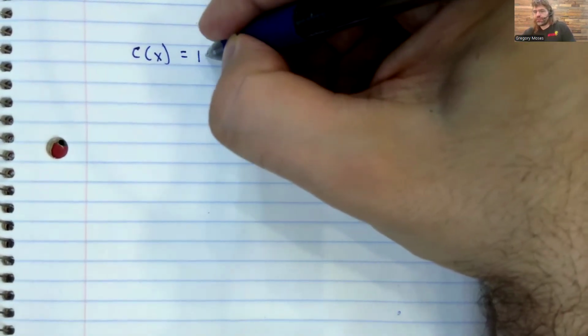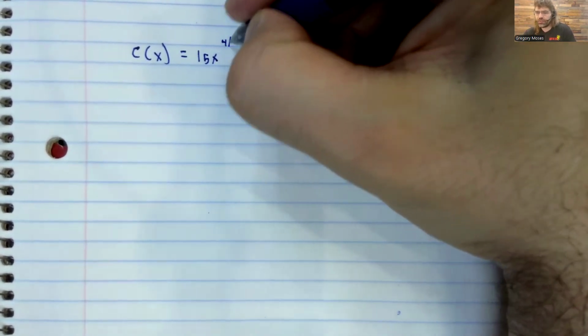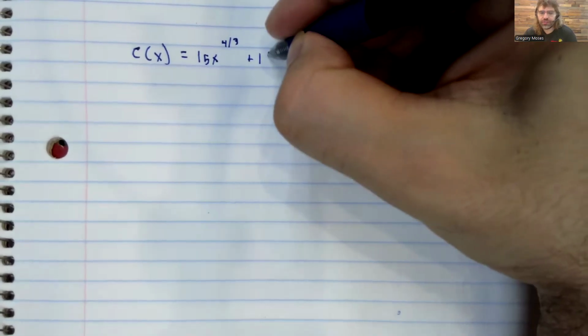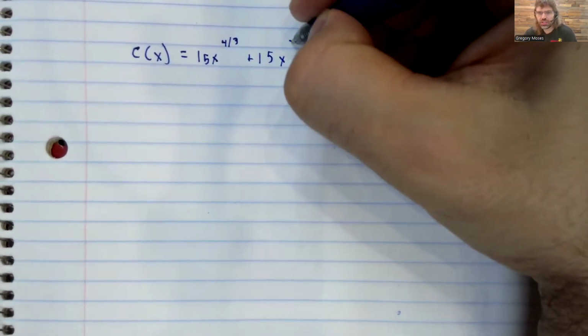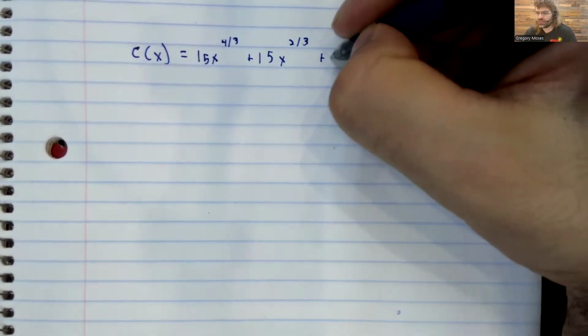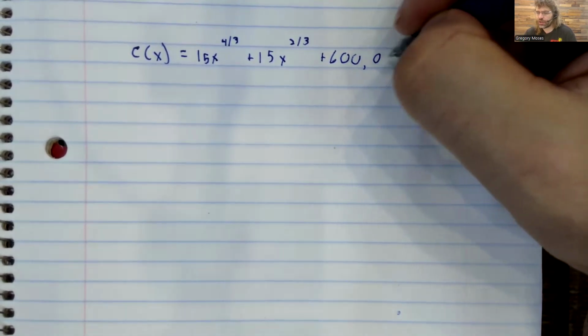We're looking at C of x equals 15x to the 4/3 plus 15x to the 2/3 plus 600,000.